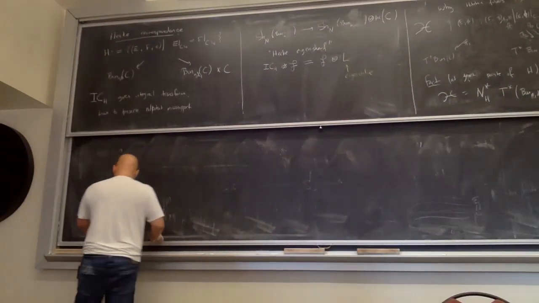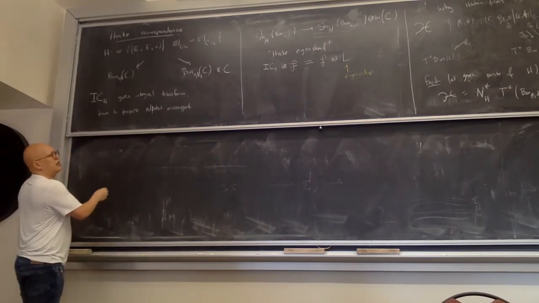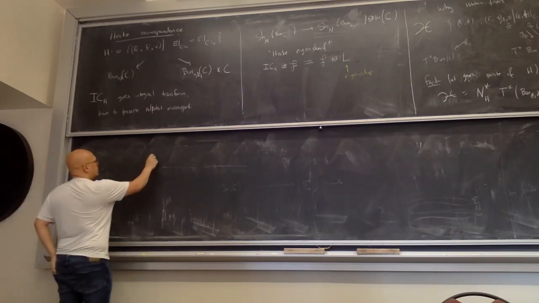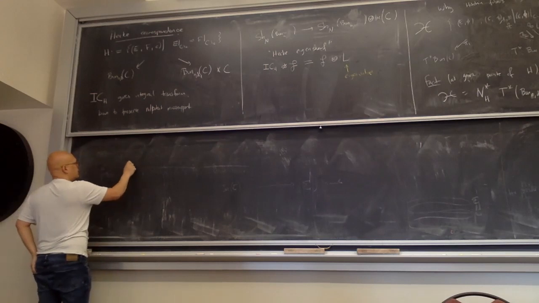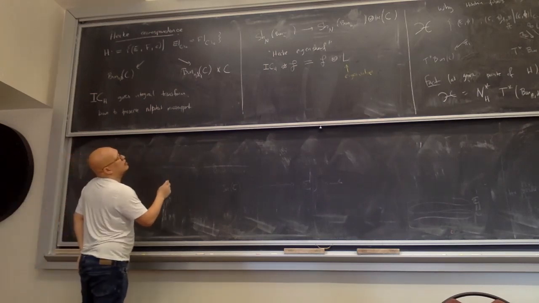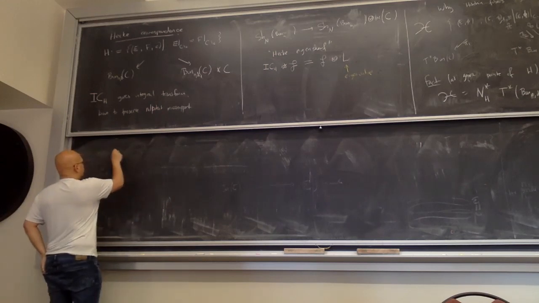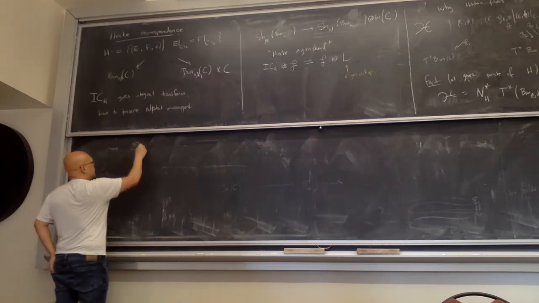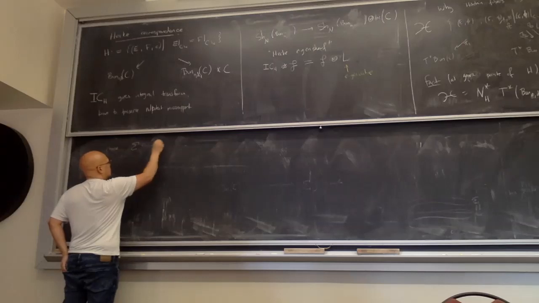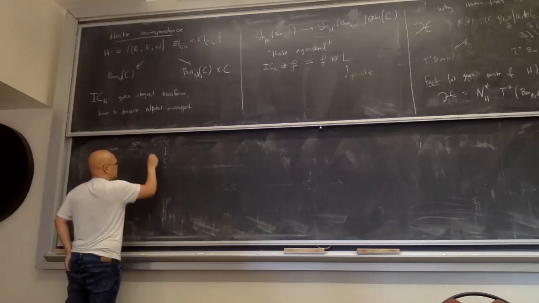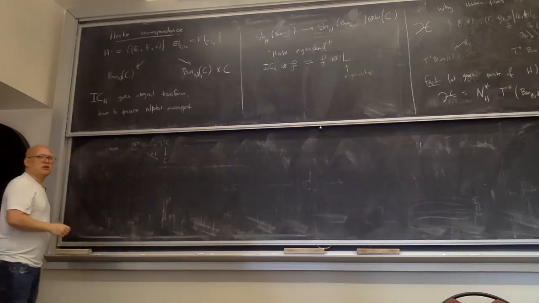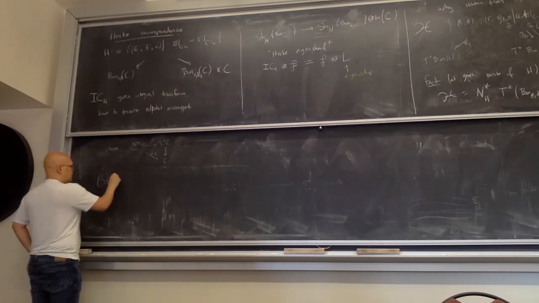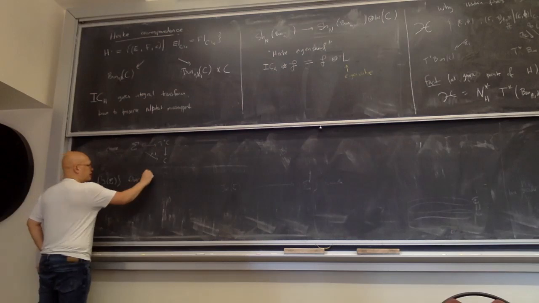So the geometric fact is that if I were to take pi, choose some sigma in C, so choose some spectral curve, and I'm going to write this J sigma, the corresponding fiber of the Hitchin fibration.